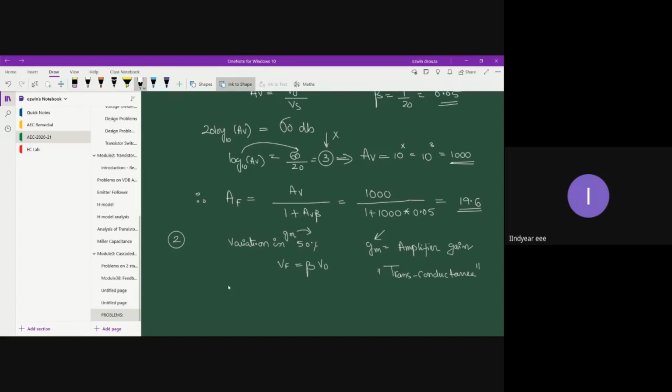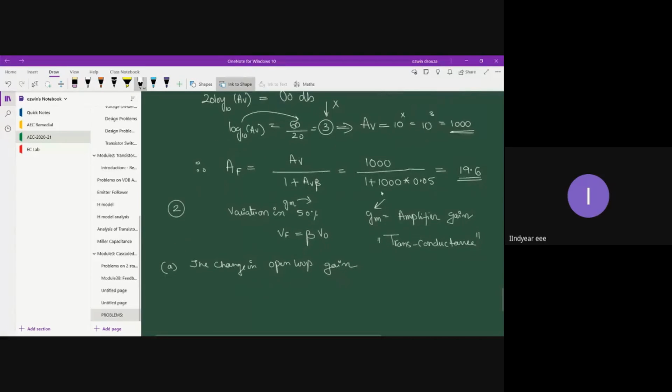So what we can do here is the changing open loop gain. First let me write it as A. What do we mean by open loop gain? Open loop gain is nothing but the gain without feedback. It can be given as, let me write this as capital AV, which refers to the new value of AV due to the change.